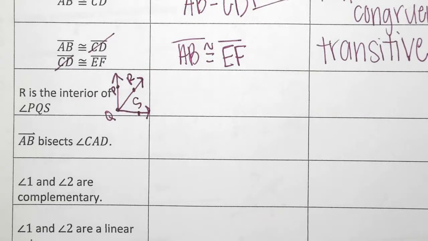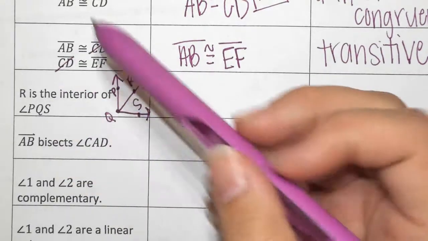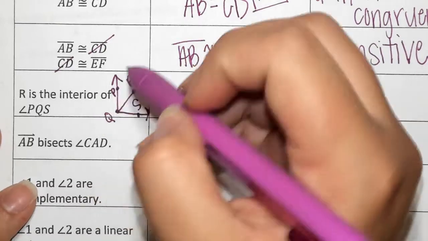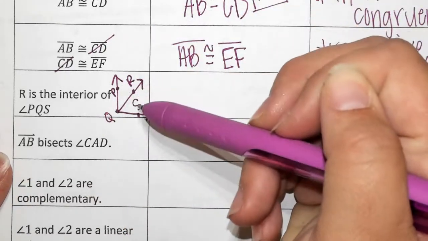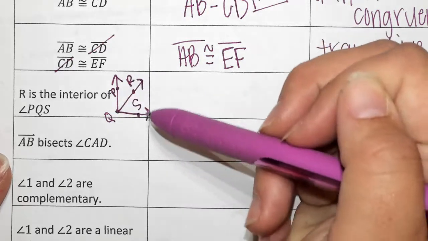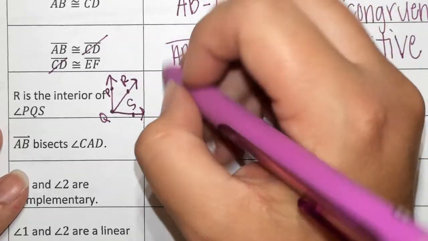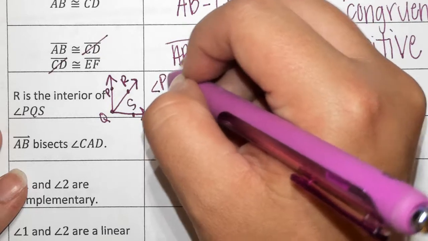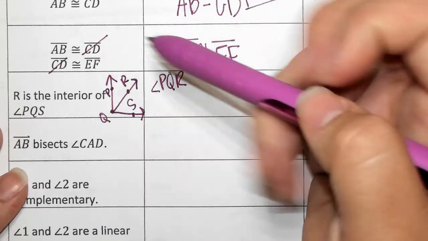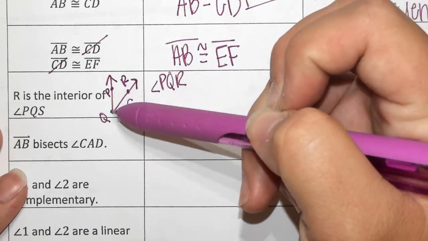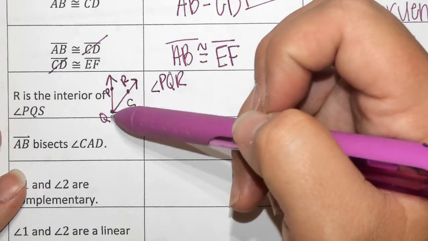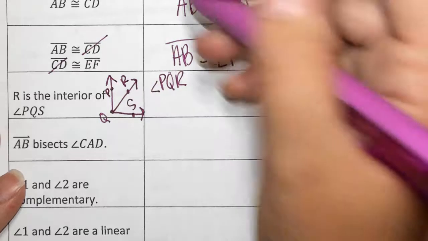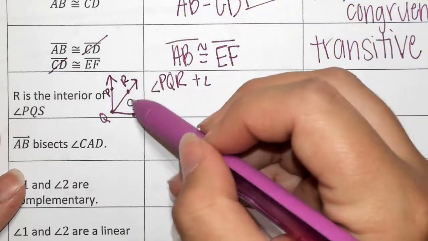Just like we have segment addition postulate, we can have angle addition postulate. So if I take this little angle and add it to this angle, I will get the whole angle. Okay, so this is how we write it. Angle PQR. This one right here, from P to Q to R. Remember, when we're naming an angle, the vertex always goes in the middle. So PQR plus, what's the name of this angle?